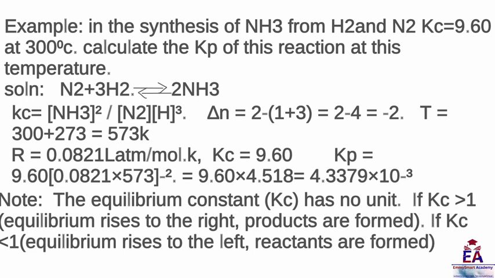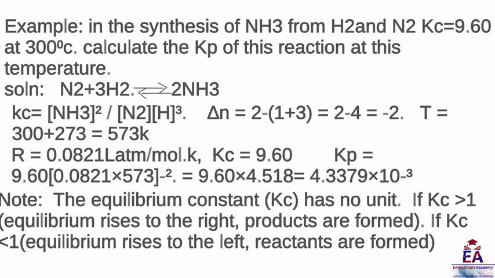We have 9.60 times 4.518, and our final answer should be something like 4.3379 times 10 raised to power minus 3. Remember, there are no units for this. If the equilibrium constant is greater than 1, then we say the equilibrium lies to the right, and products are formed.